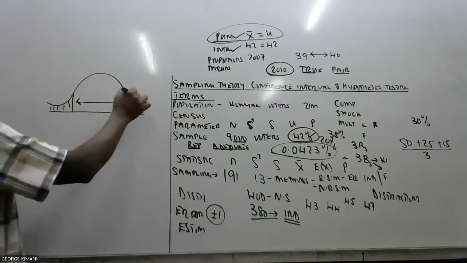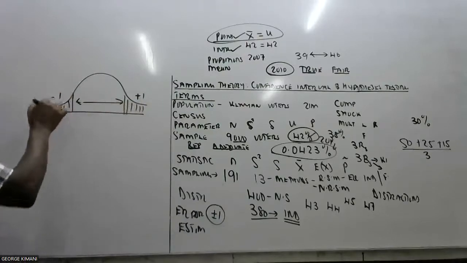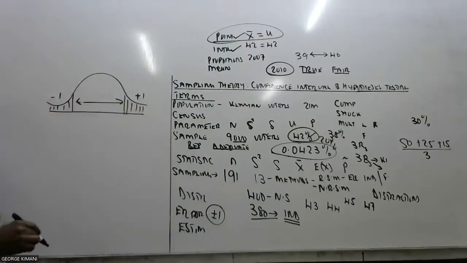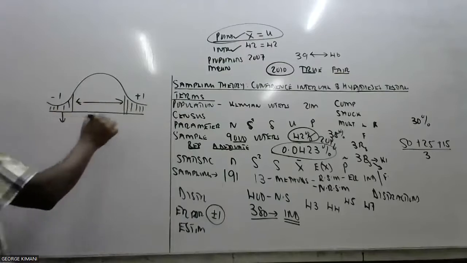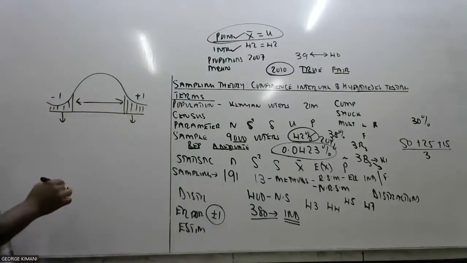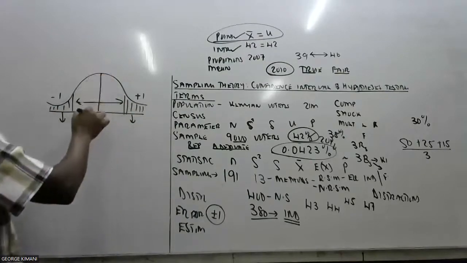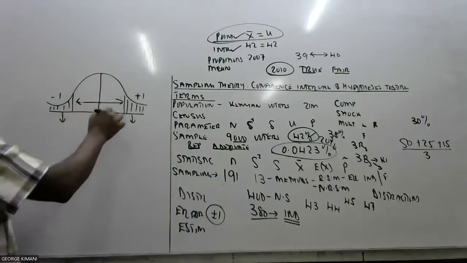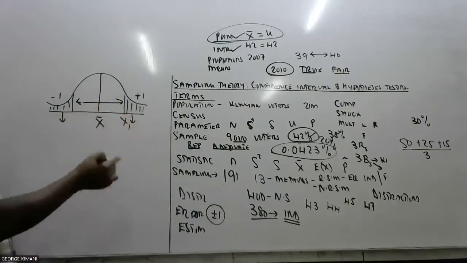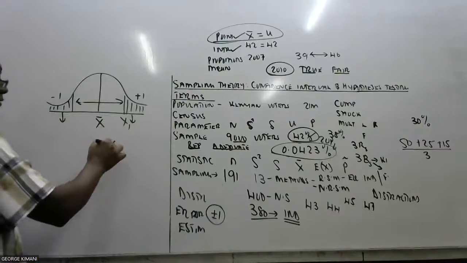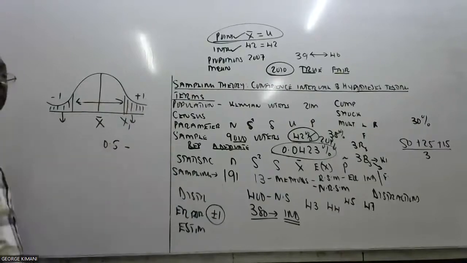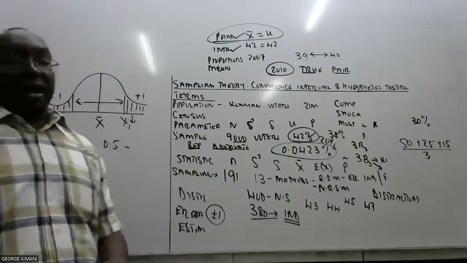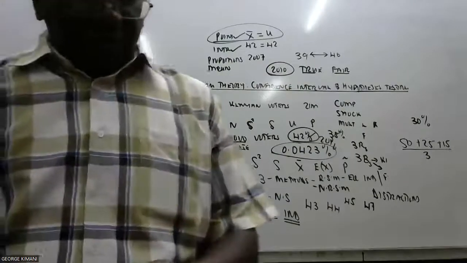Now this is what you were doing the other day in the normal probability distribution. When you are saying this is our mean, and then this is our x1. Tukisoma kwa table, tulikuwa tunasema 0.5 minus, tunapata here. So that is exactly what we are going to do. So with that now, we can do the questions.